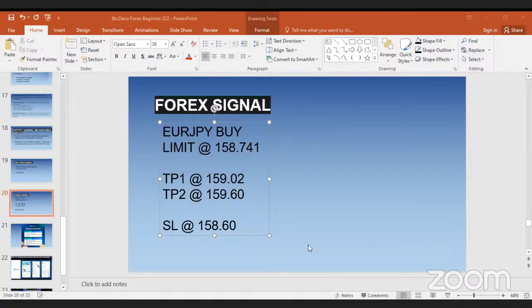So when you are in the chart, you want to place a buy. So what you do now is you click on buy. When you click on buy, it's going to display a box for you. On top of the box, you see position, then you see pending order.